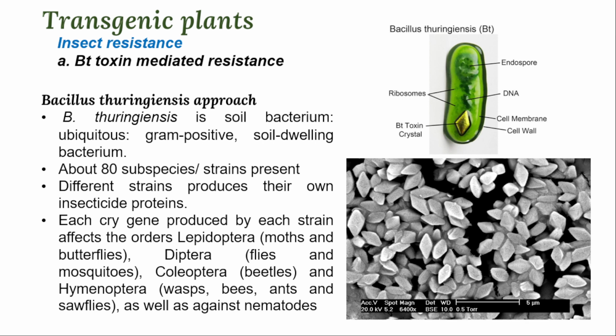Internally it produces a BT toxin crystal protein. The protein looks like an arrow that contains a sharp needle-like structure. Only in alkaline conditions will these toxins be released and make a hole in the brush border epithelial cells of Diptera, Coleoptera, and Hymenoptera, as well as Lepidopteran insects.